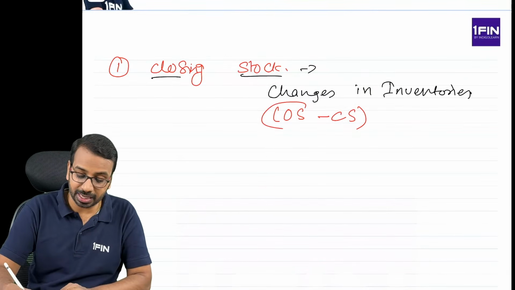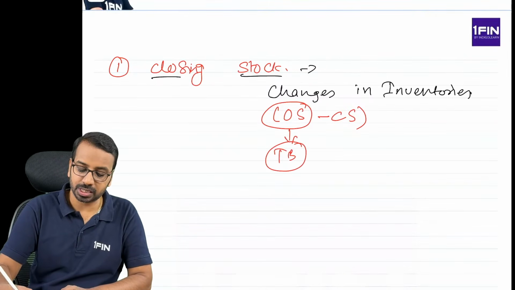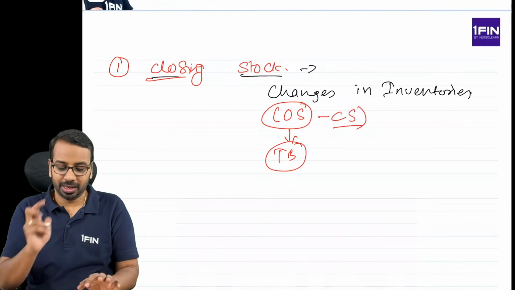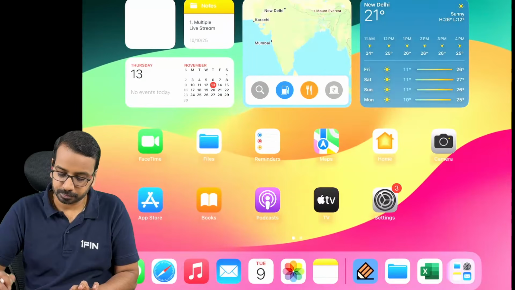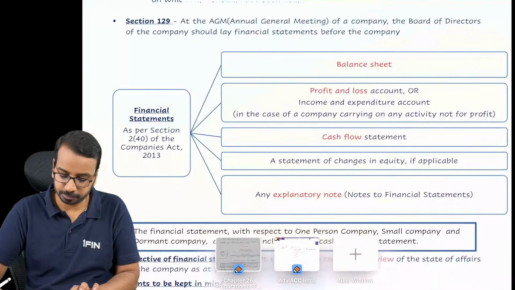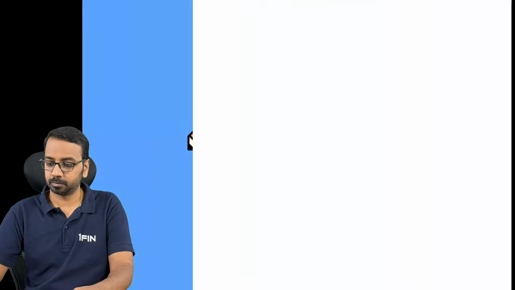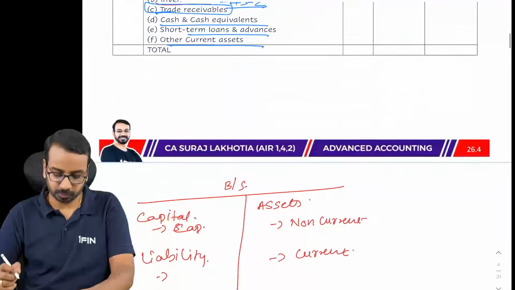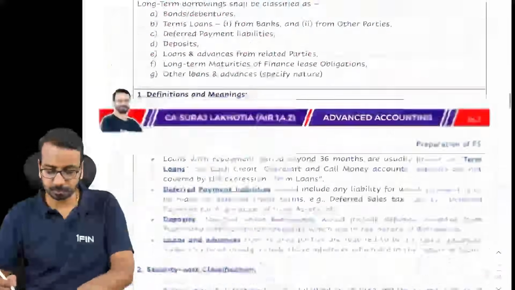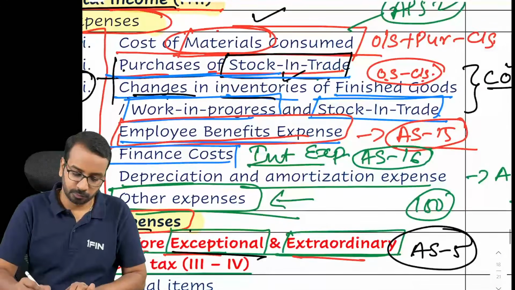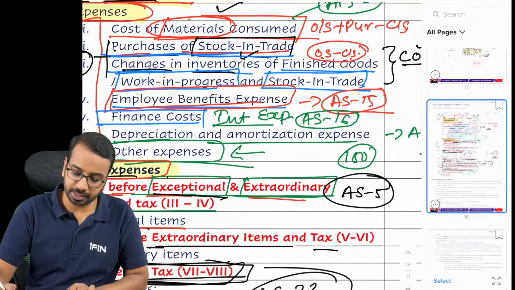So, opening stock where will we get from? We will get it from the trial balance. Closing stock from adjustment. So, one impact goes to the statement of P&L. Now, if you have forgotten, we have this line item, right?